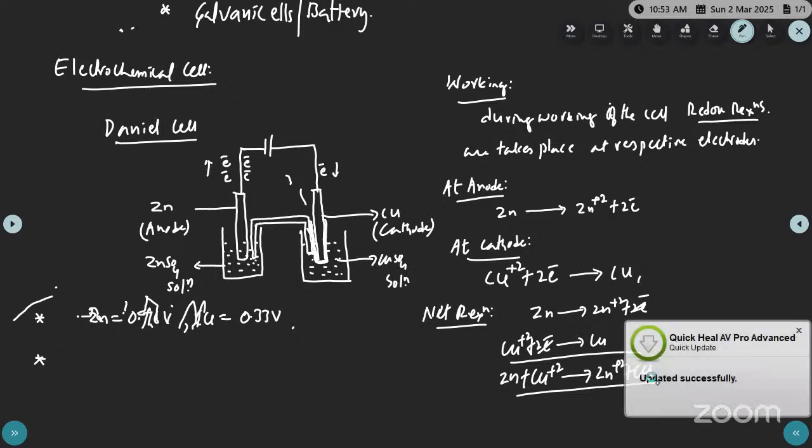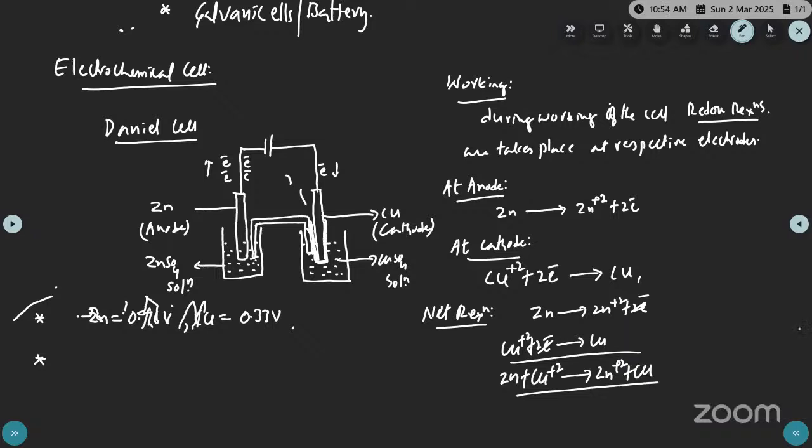By seeing this final equation alone, we can say which is the anode and which is the cathode.